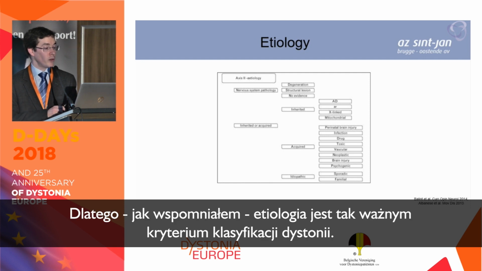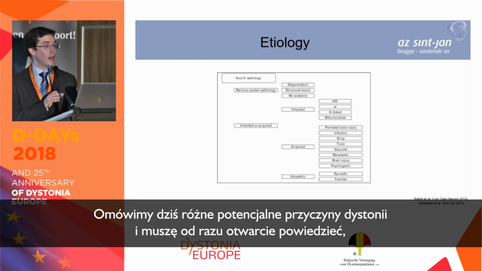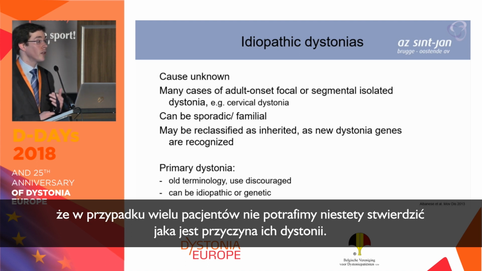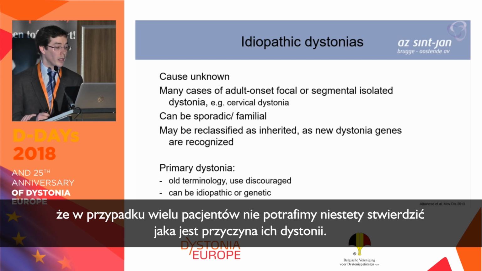As I just told you, the etiology of dystonia is an important classifier, and we'll go over the different possible causes of dystonia. I immediately have to admit that in many patients we unfortunately don't know the cause of their dystonia.